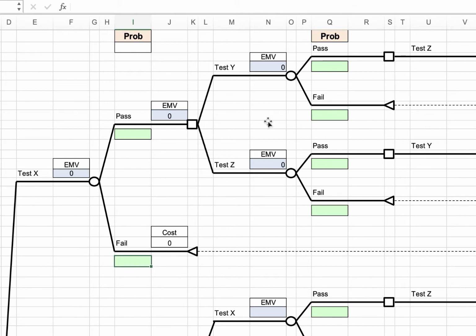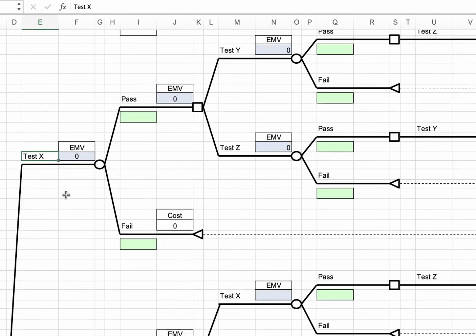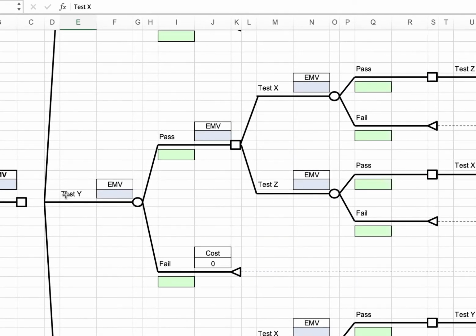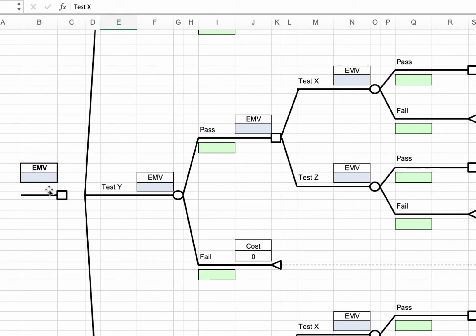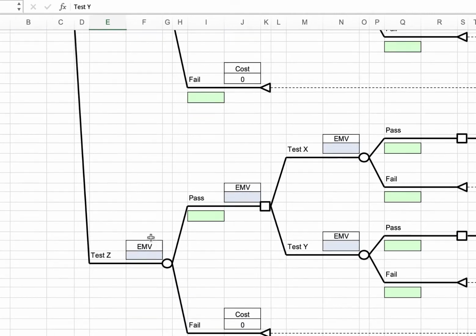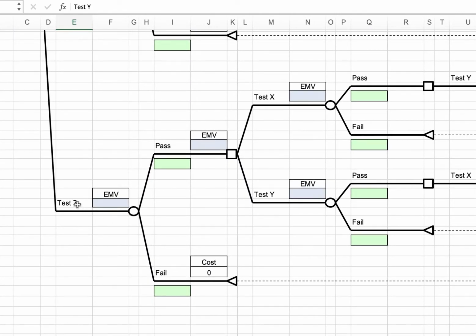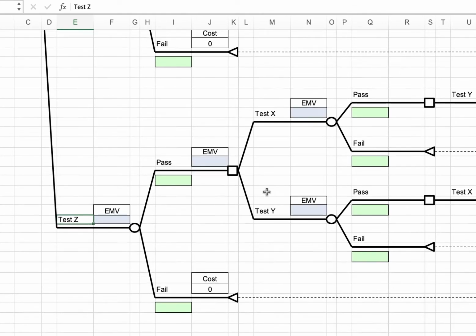So there are 3 components, X, Y, and Z. And we can begin with any one of these. So we can begin here on our decision tree with test X. But we get to decide whether we begin with X or Y, or just scrolling down a little bit more, Z. Okay, so we're going to focus on that topmost branch.